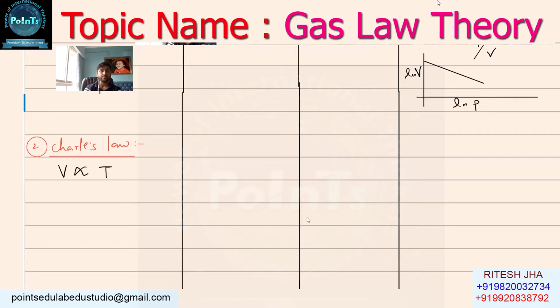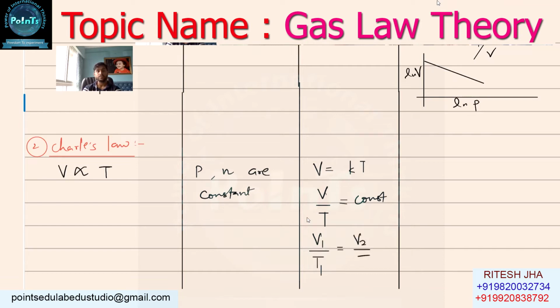Hence, volume is directly proportional to the temperature, given that the pressure and the number of moles are constant. These are the constant variables. Based on that, you can say V is equal to some constant times the temperature, so V over T is a constant. So you can say V1 over T1 is equal to V2 over T2.